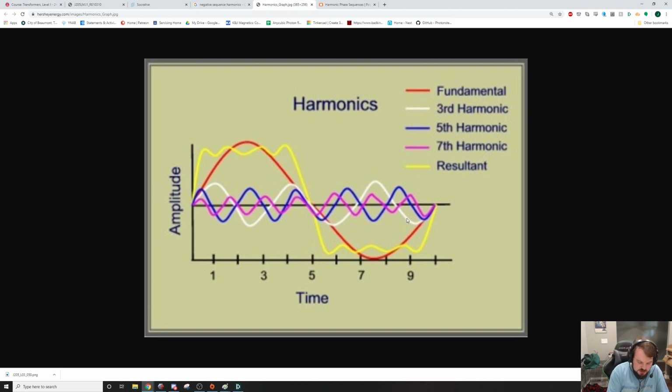If you looked at an oscilloscope, page 122 has some pictures like this. If you look at an oscilloscope with some electronics connected to a circuit, you can see that there is harmonic distortion. Why do we care? We care because power quality is what is affected.